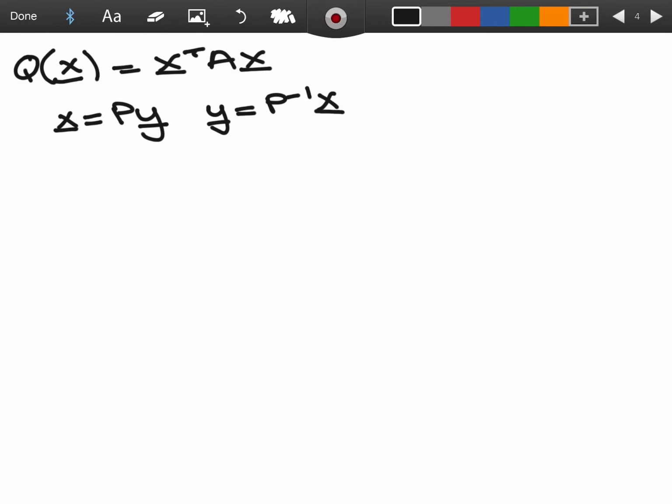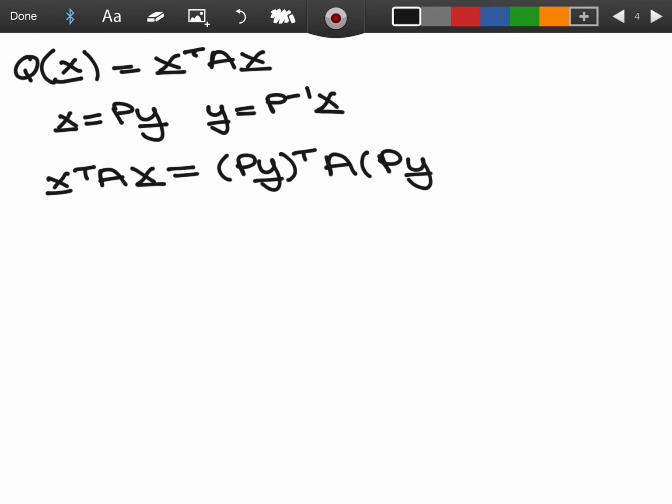If we do this, I can now substitute X equals P times Y into X transpose AX, which gives me this. When you transpose a product, you take the product of the transposes in reverse order.